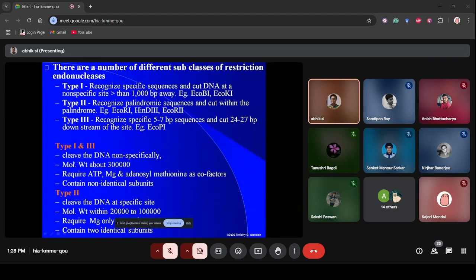So that cut is non-specific. This is also true for type 3. It can recognize and bind a specific sequence, but cuts somewhere else. But only type 2 can recognize a specific sequence and also cut within the sequence.